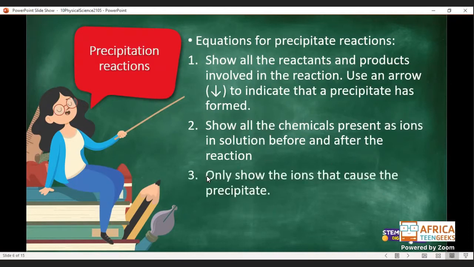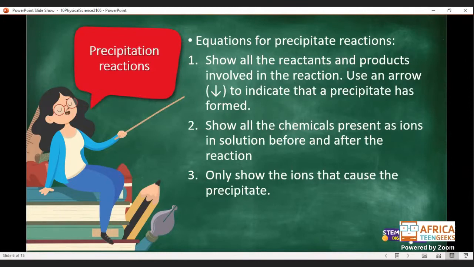And when we write things like this, when we show the ions, it is easy for us to then be able to see the ions that cause the precipitate, which then brings us to this third type of equation. Okay, now this last equation, only showing the ions that cause the precipitate, is referred to as the net reaction, NET, net reaction.